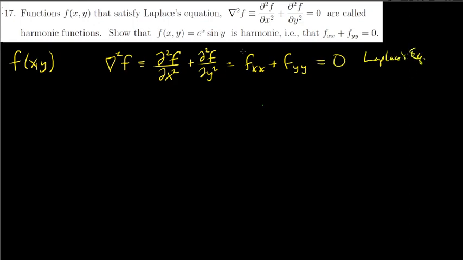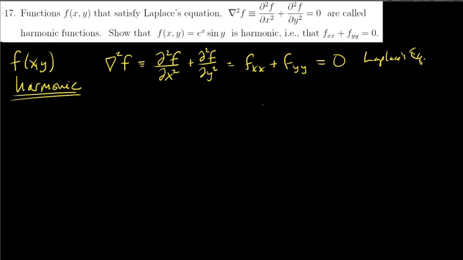Any function that satisfies that equation is called harmonic. It is a harmonic function. For reasons that we won't get into, but if you take maybe a more advanced course in electromagnetism, or even an advanced mechanics course, you may come across Laplace's equation and why the functions are harmonic.